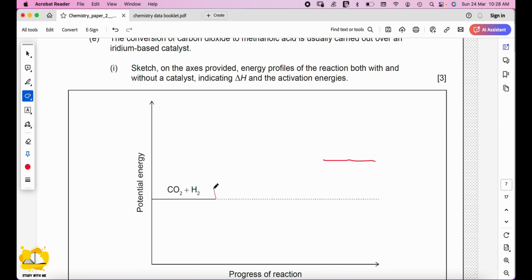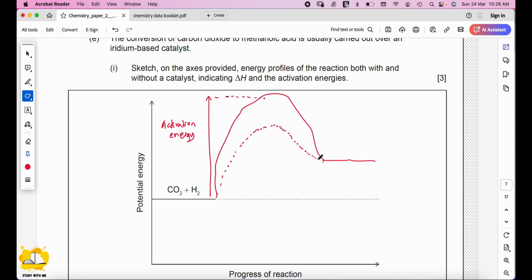So we need this much for the activation energy without catalyst. So this will be activation energy, and with a catalyst, sure, it will be less.